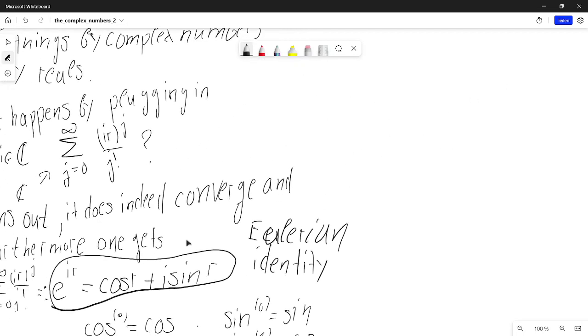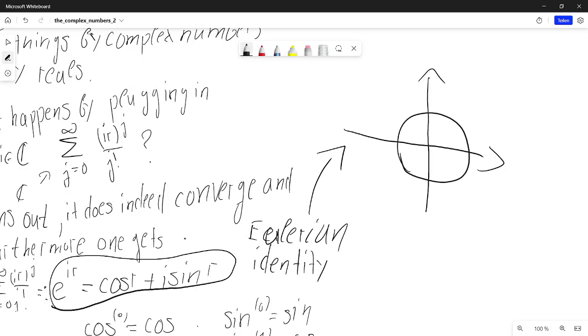And this, you recognize this, right? This is exactly the coordinates of the point corresponding to an angle in the complex plane. Only that angle is now called r. Doesn't matter, right?